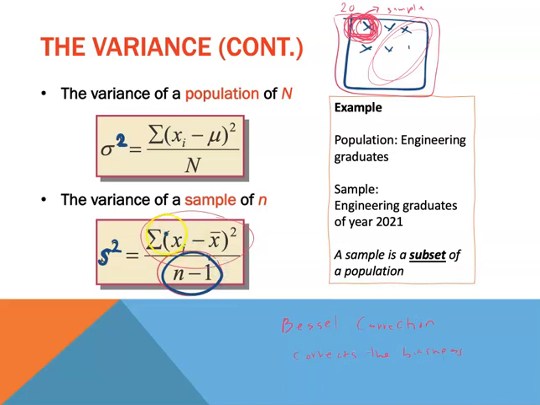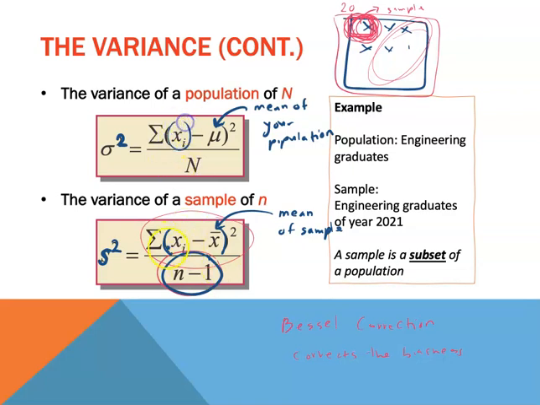And this guy over here on the top is still the same. It is your data minus the mean of your sample. This one is your mean of sample. This guy over here is the mean of your population. That's why they have a different symbol, but in reality, they are both mean.